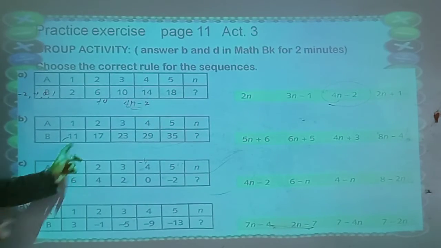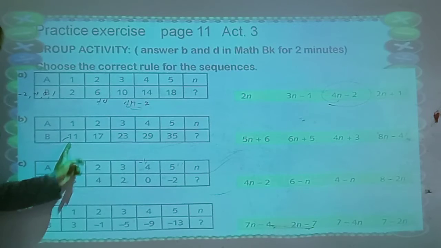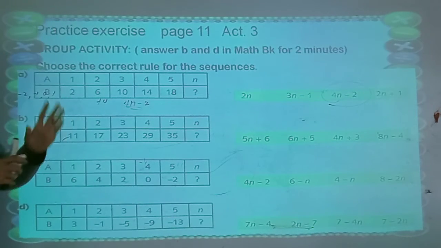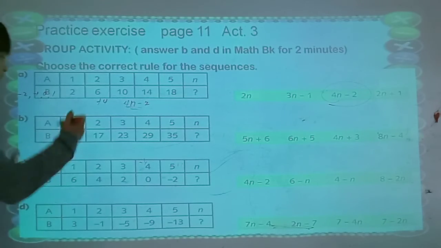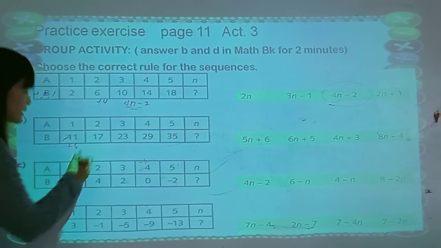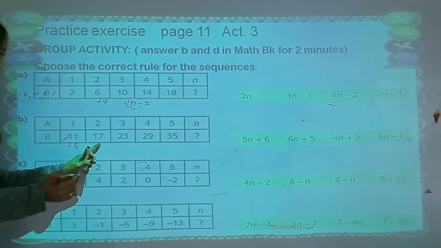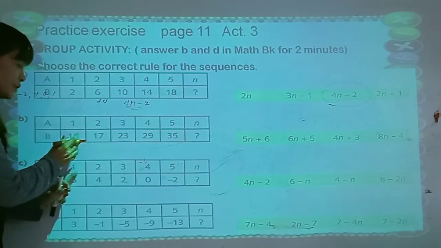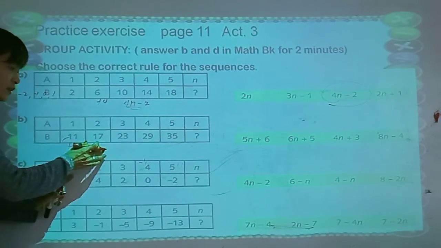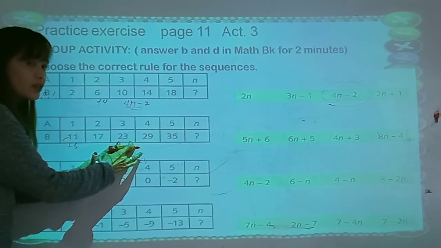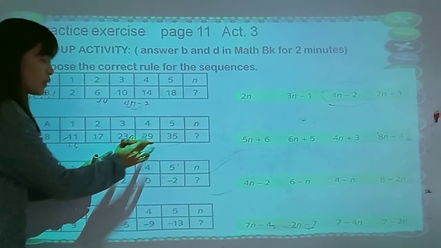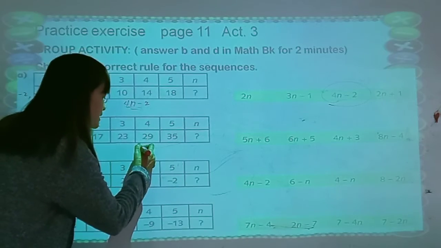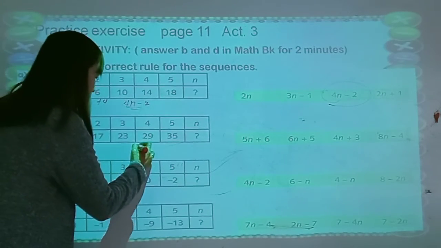Look, 11 to 17, so we need to add plus 6. 11 plus 6 is 17. 17 plus 6 is 23. 23 plus 6 is 29. 29 plus 6 is 35. So therefore, we need to add plus 6.